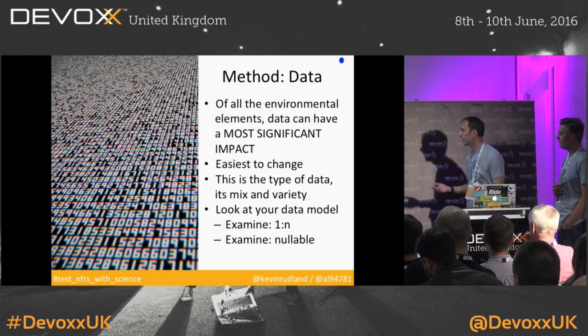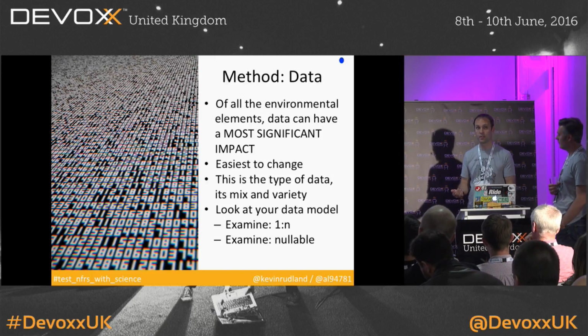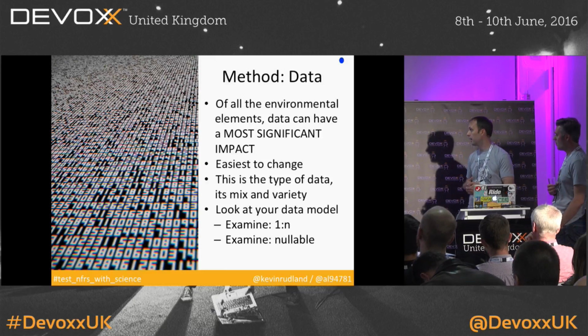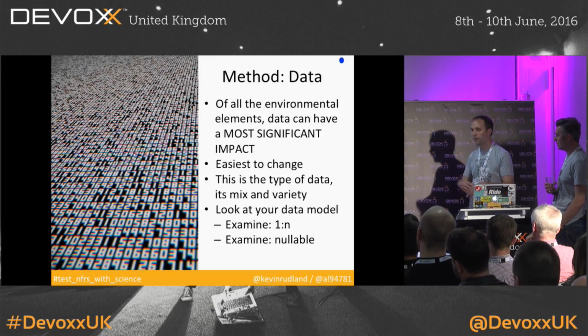You can look at your data model, at one-to-N relationships. Where you've got one of those, ask yourself, in real life, is it always 1, or is it 2, is it 10, or is it 1,000,000? That has a big impact. If you've got fields that are nullable, when would they get filled in, if ever? After that, you can start to understand what your real data looks like.